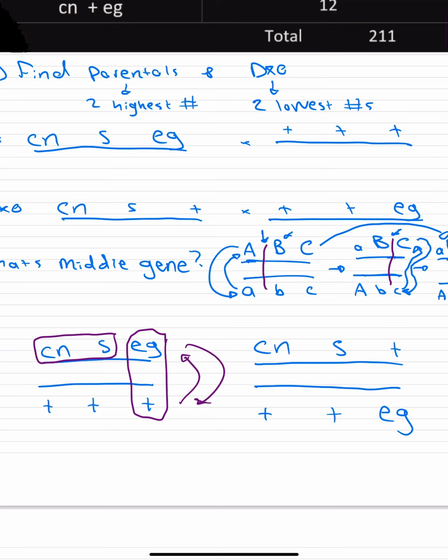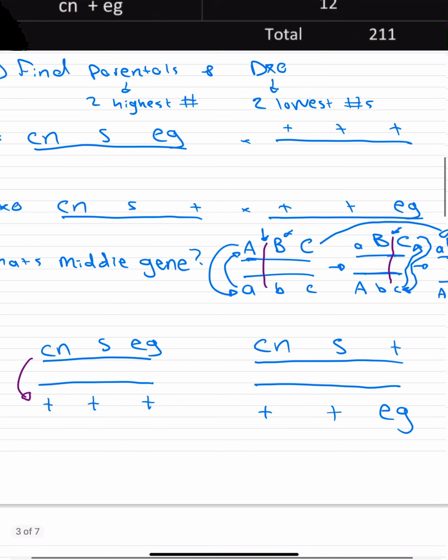However, we know that the middle gene is the gene that looks like it flipped, but in reality, it didn't flip. So this tells us that instead of having a crossover at EG, there were actually two crossovers that occurred between CN and the corresponding plus gene, and S and the corresponding wild type allele. So that tells us that EG is in the middle.